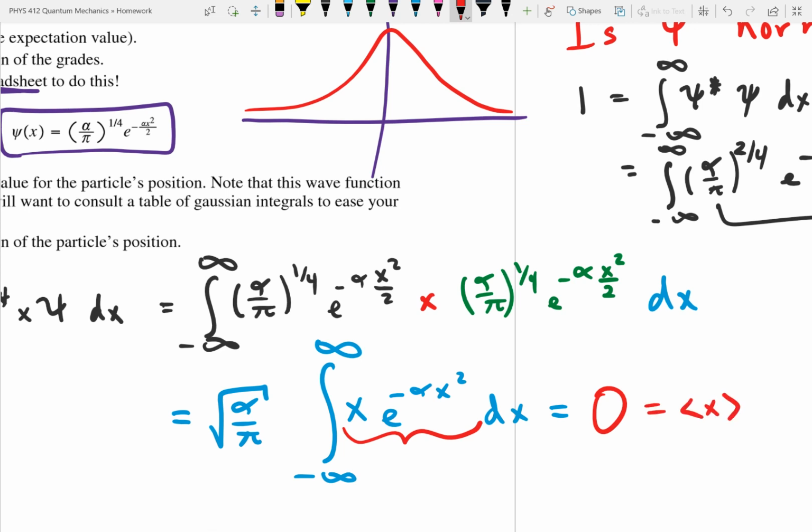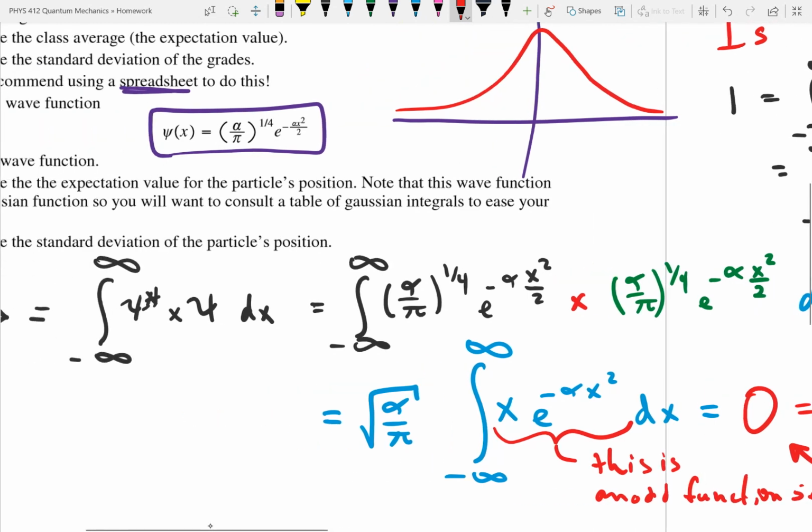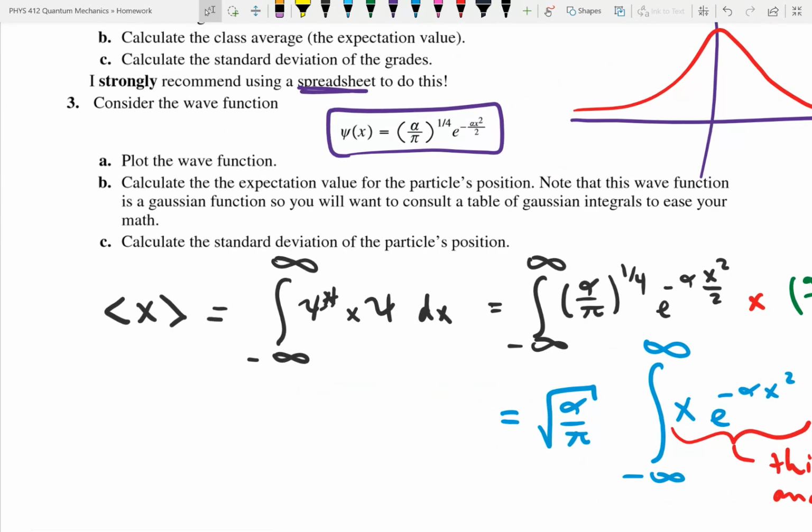Once you get to here, you can say this is an odd function, so. I mean that's solid calculus. Okay, so the expectation value for x was 0. Hooray!